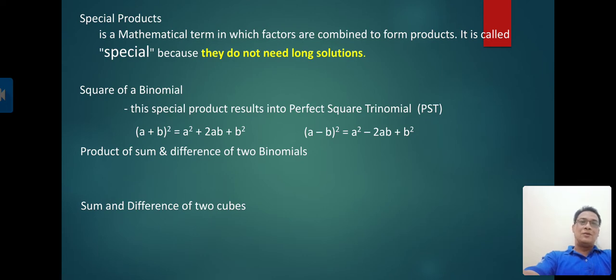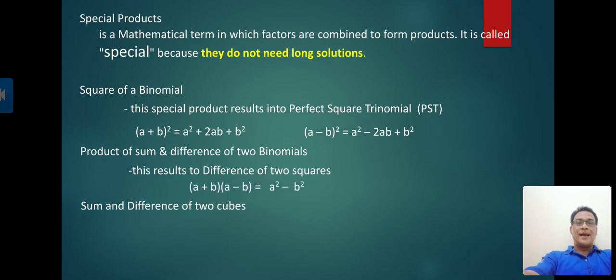Now let's go to the product of sum and difference of two binomials. This results in the difference of two squares. So we have the quantity of a plus b multiplied by the quantity of a minus b is equal to a squared minus b squared.